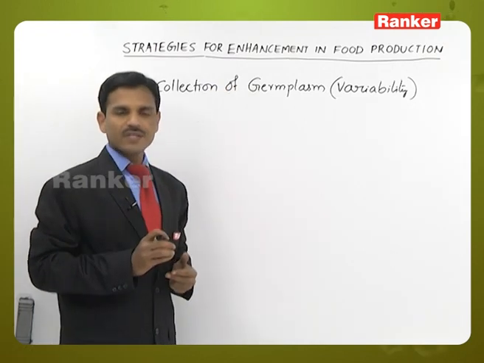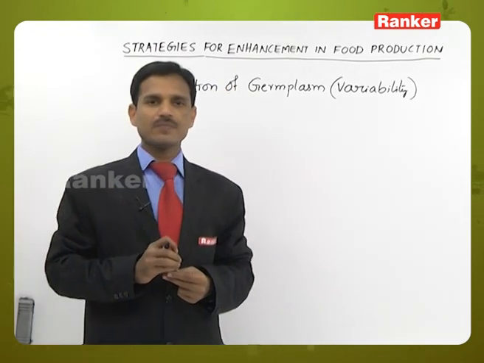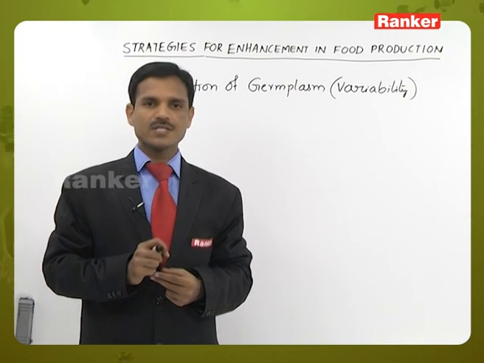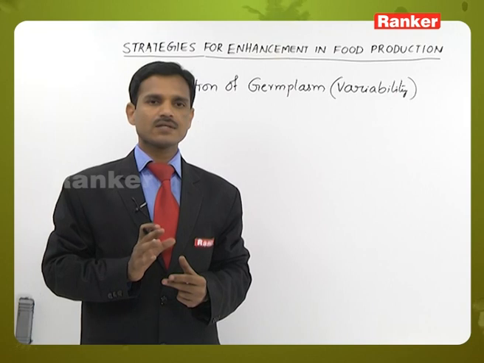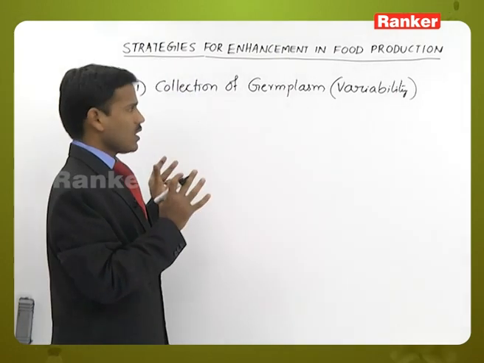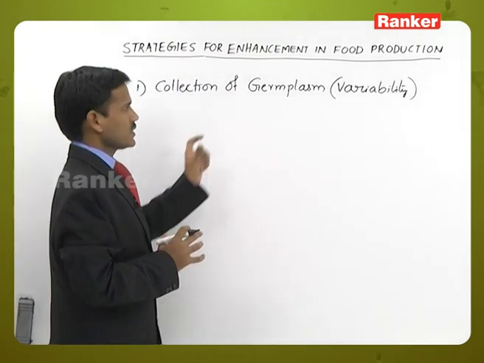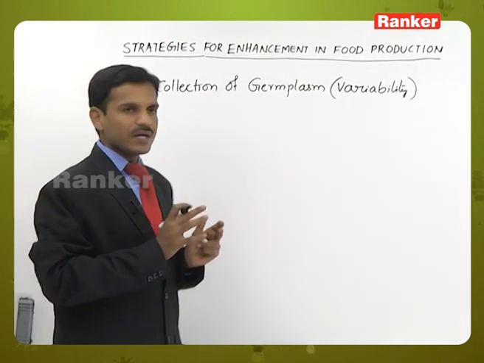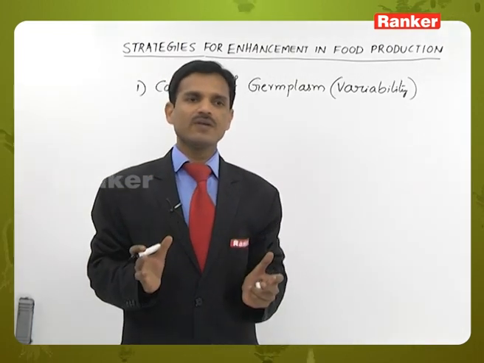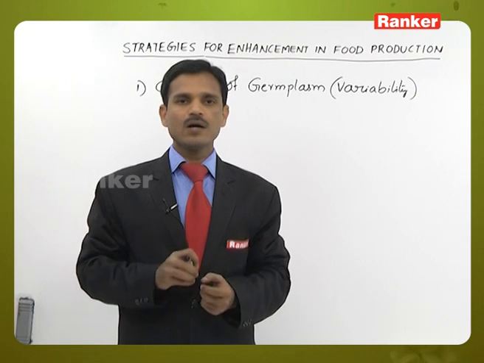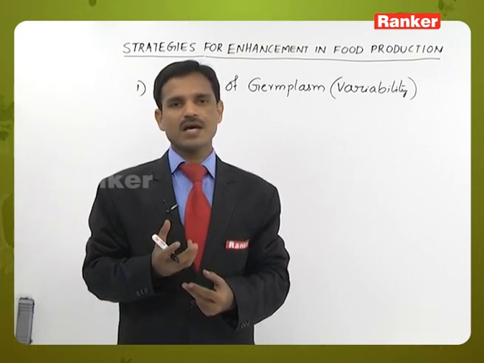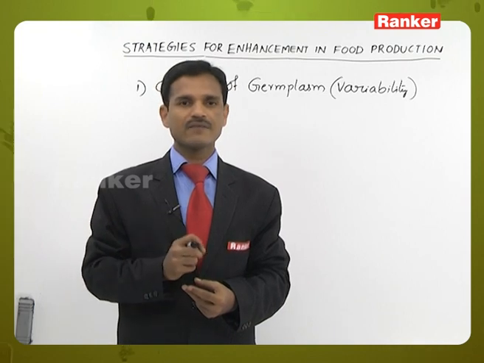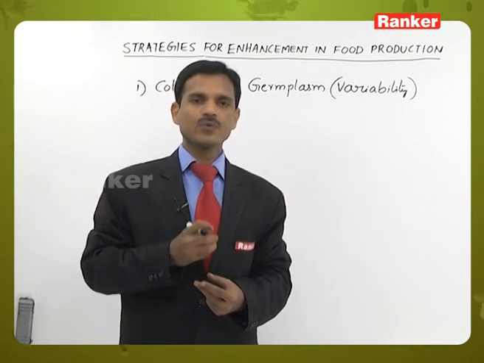Within the germplasm of a given crop or species, all the alleles are present for all genes. If different varieties are present, only then can we improve the crop, otherwise we cannot. If one species has only one variety, we cannot improve the plant.